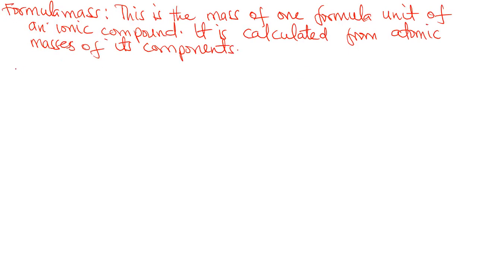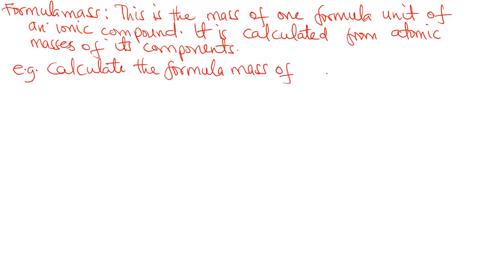So an example is calculate the formula mass of aluminum oxide. So for this one, we have 2 aluminum and 3 oxygens.